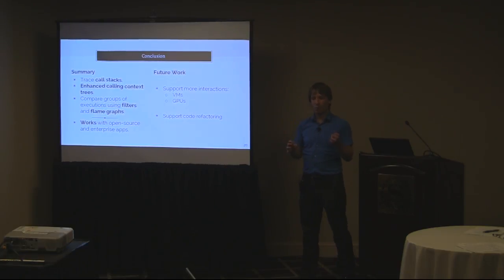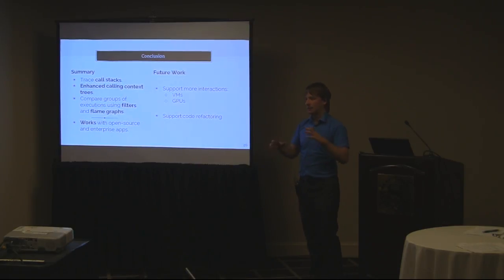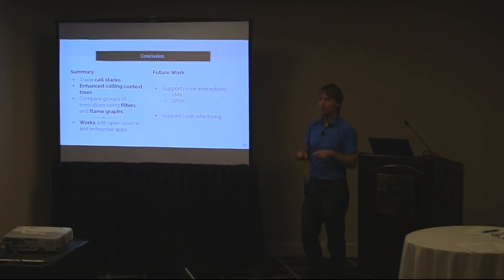Also, the comparison works very well when you compare executions that come from the same binaries or from binaries that have small changes, but it would be nice to use static analysis to be able to make the comparison even after a major code refactoring.